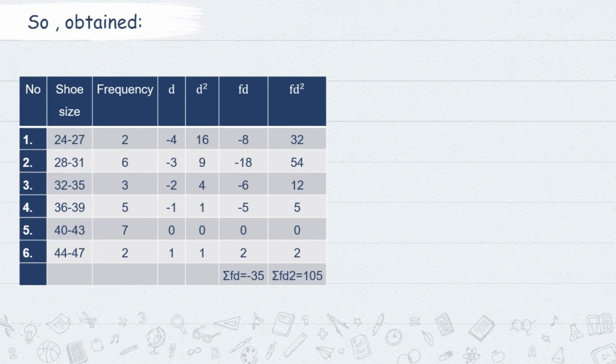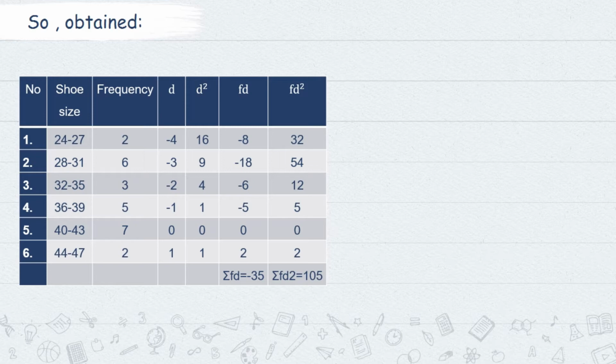So obtained, number 1, the shoe size between 24 until 27, frequency is 2, the deviation is -4, deviation square is 16, frequency multiply deviation is -8, frequency multiply deviation square is 32.